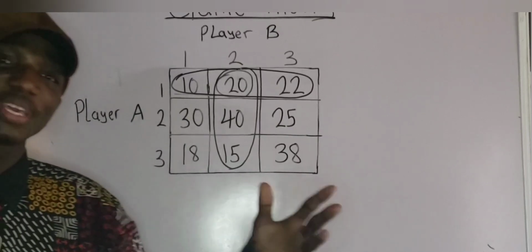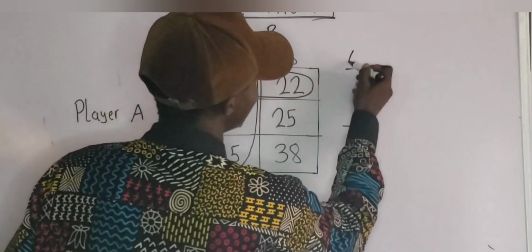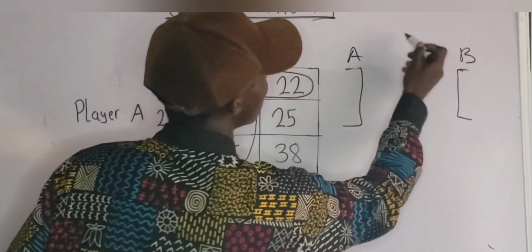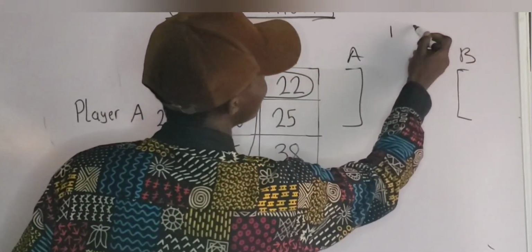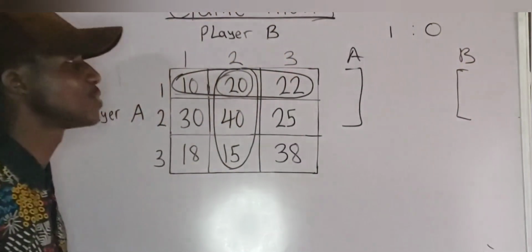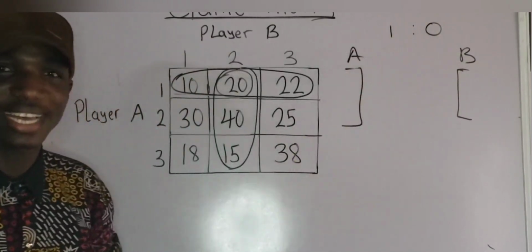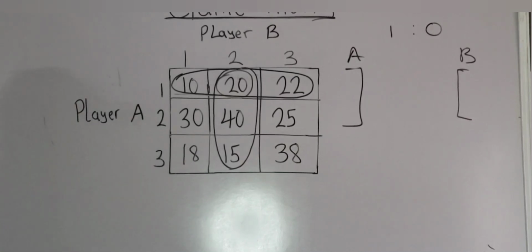Let's say we have team A and team B. At the end of the match, team A has 1 and team B has 0. In that case, we can say that team B has lost 1 to team A. So the proportion that a player gains is the proportion that the other player lost.